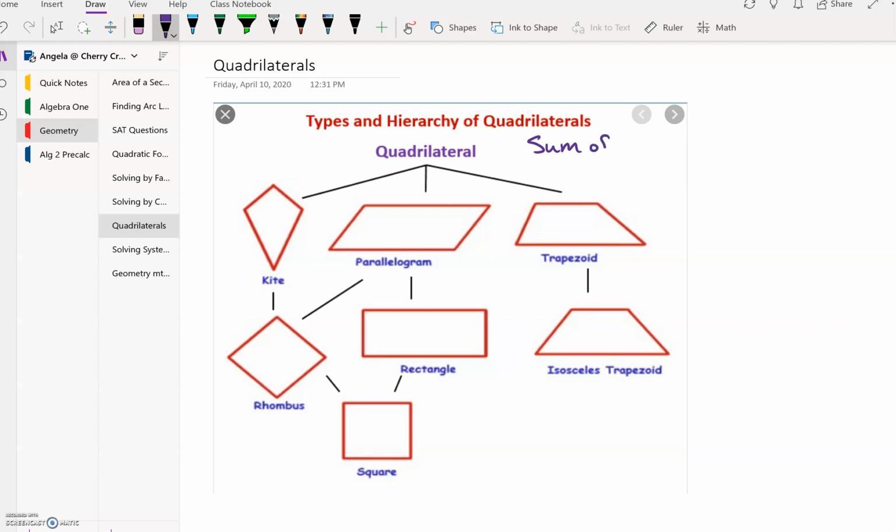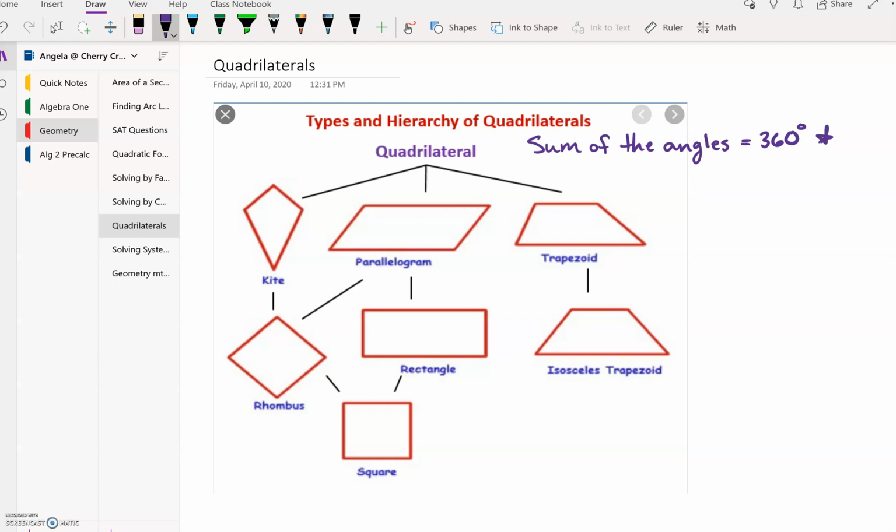So the sum of the angles in any four-sided figure is going to be equal to 360 degrees. We knew in a triangle it was 180. In a five-sided figure it turns out to be 540. It goes up by 180 degrees as you increase the number of sides in your polygon. So this is an important little tidbit of information to pack away.